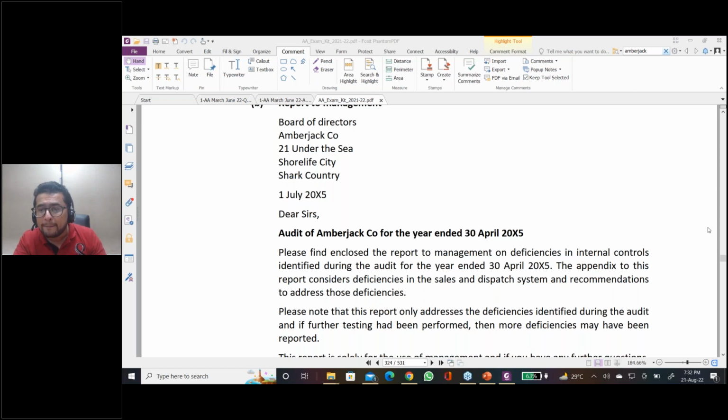Why I'm saying that? Because in the triple A exam, the professional marks used to be 4 up till June 2022, the last attempt. 4 professional marks for the last 3-4 years.